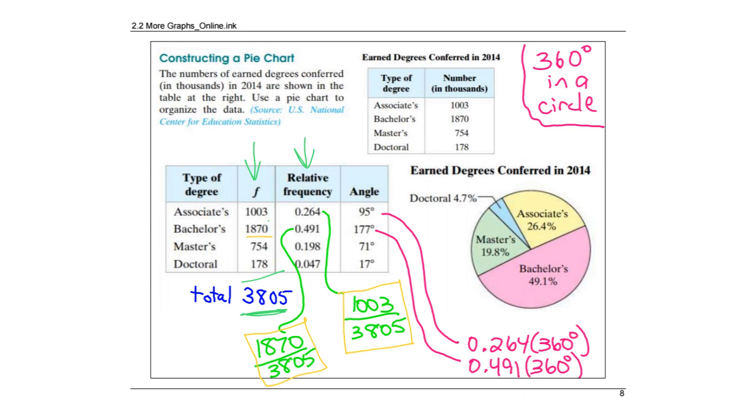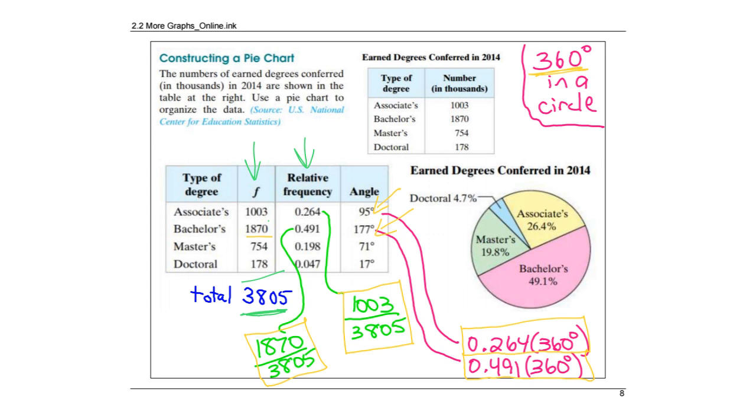And then just like in the DSMA, we know that a circle has 360 degrees. So we took the relative frequency. For the first one, the relative frequency was 0.264. We took that times the 360 degrees. That gave us 95 degrees. Then we took the 0.491 times 360. That gave us 177, and so on.